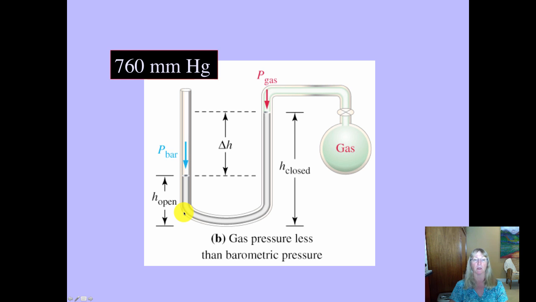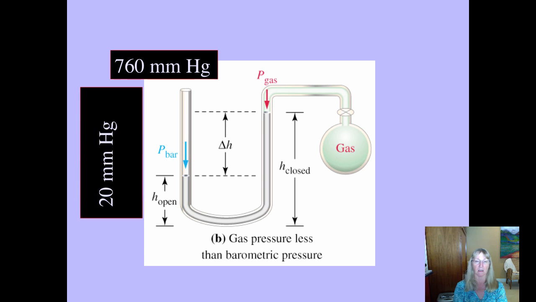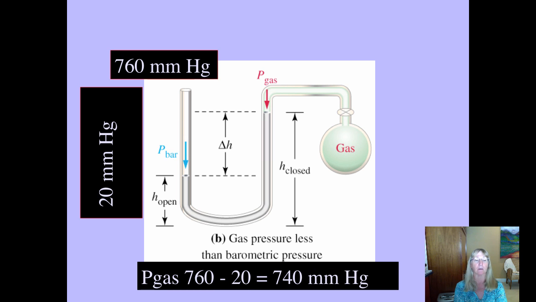Find the difference between those two, and this time, since the gas pressure inside is weaker than outside, that difference of 20 millimeters of mercury will not be added, but you guessed it, subtracted from 760. So the pressure of the trapped gas is only 740 millimeters of mercury.